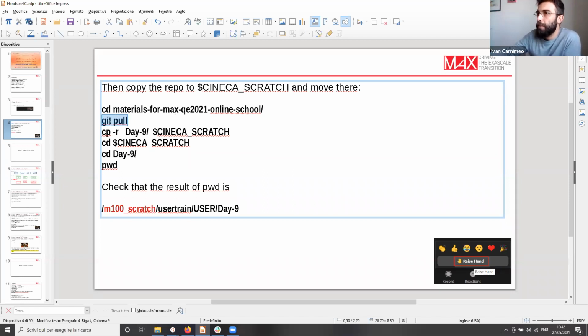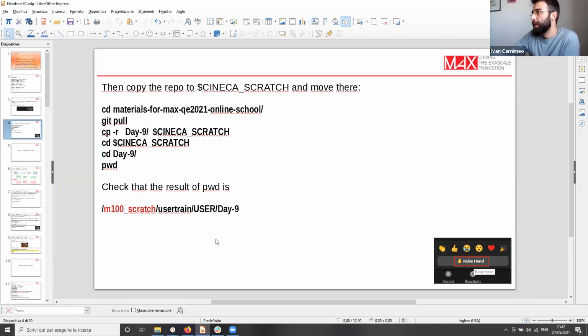Once you have updated the repository, you will see the updated versions of all the README files. If you open them, you will find pretty much the same instructions that I will tell you here with the slides.